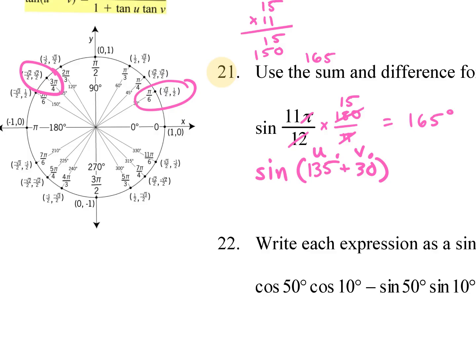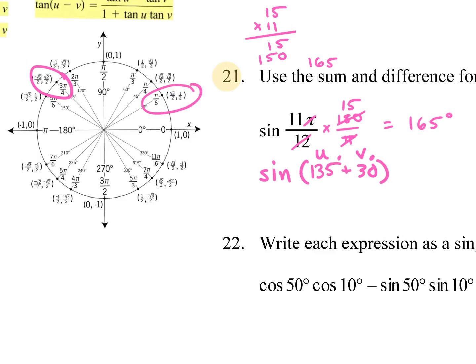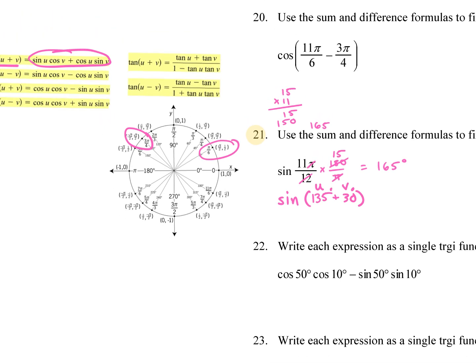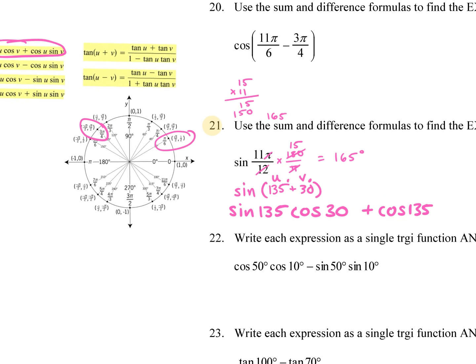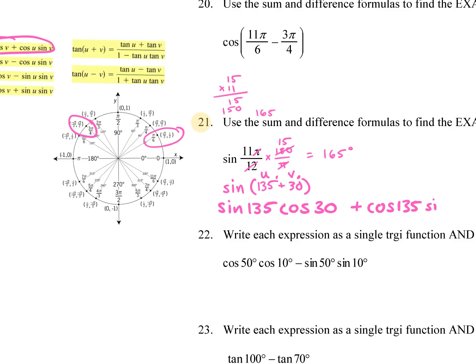When you're adding, the order doesn't matter which one you have your u and your v. Just make sure you're consistent with it. So just make sure you're organized and consistent. So sine of 135 times cosine of 30 plus cosine of 135 times sine of 30.